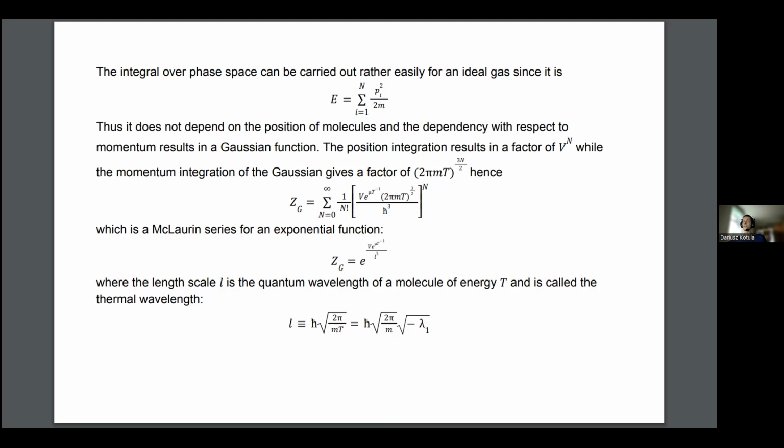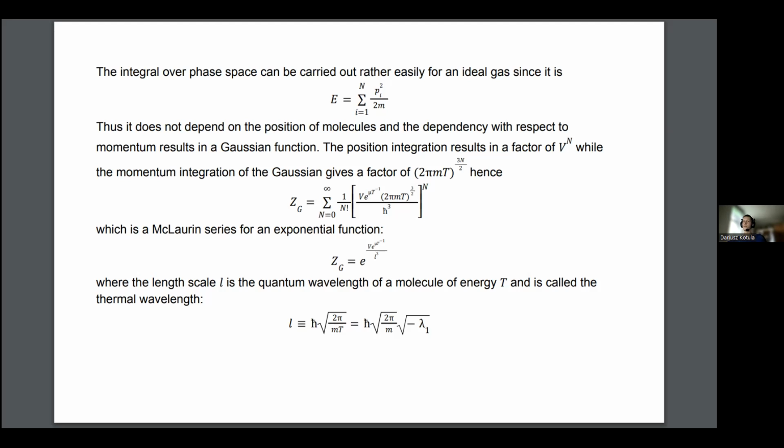So this partition function Zg equals e to the power of μV times e to the power of minus 1 divided by the length scale L cubed, where L is the quantum wavelength of a molecule of energy and is called the thermal wavelength.